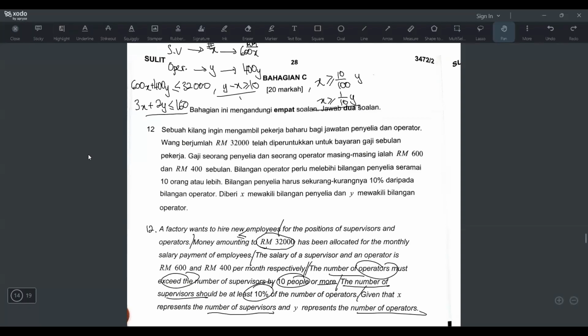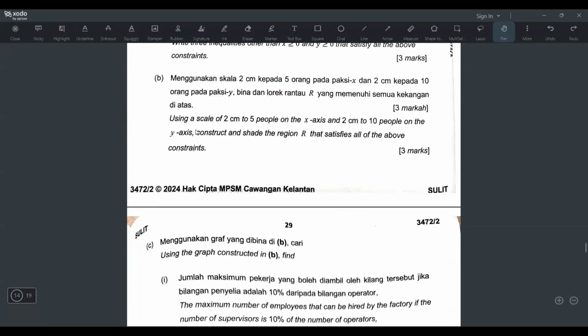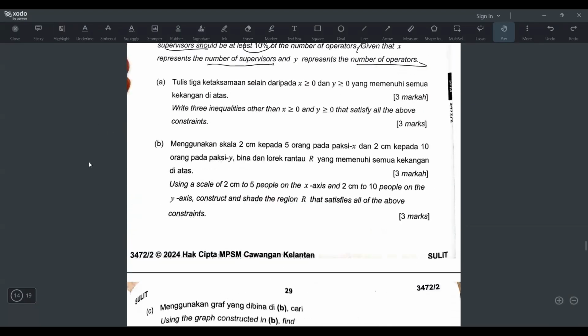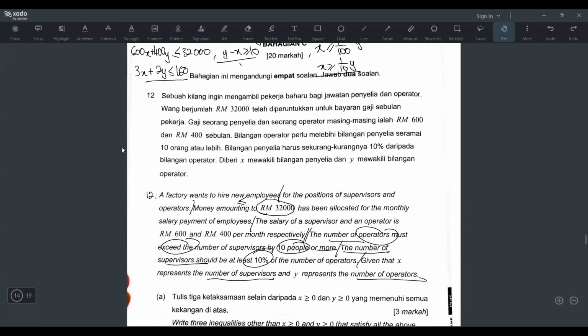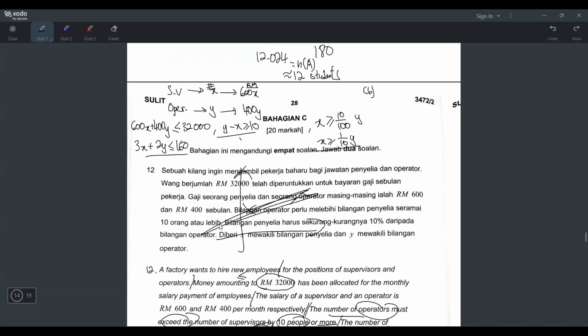So now we can do our part B. Part B, they say using a scale, blah blah blah. I have to do all this like draw graph lah. But before we go to the graph paper, we need to find points to draw all these 3 lines first, and I will do it here. Later when you draw graph, you need to have 2 points to draw the line, right?